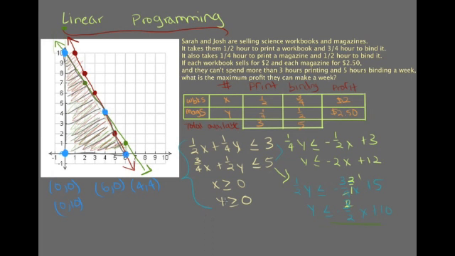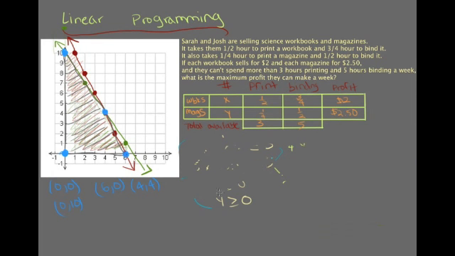So let me get rid of all this stuff. Oops. I'm sorry. So if you look at the chart, it shows that each workbook makes a profit of $2, and each magazine makes a profit of $2.50.